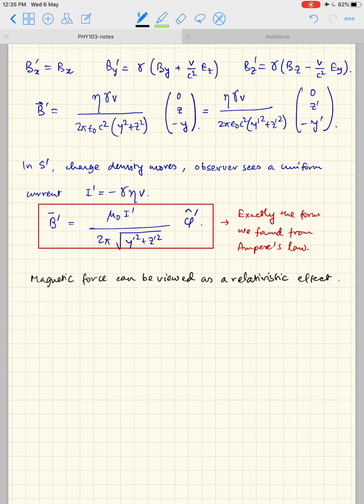So it must be that Gauss's law is related to Ampere's law by this Lorentz transformation, and that is what you will see briefly in the next few minutes.